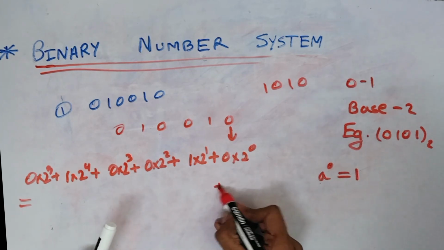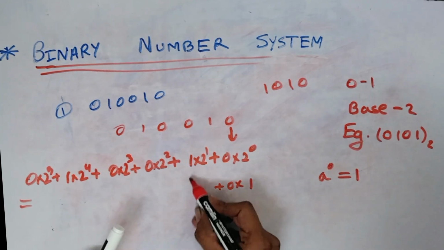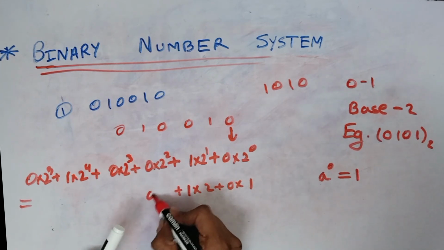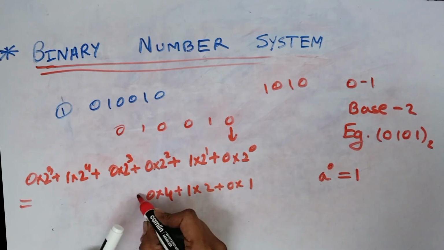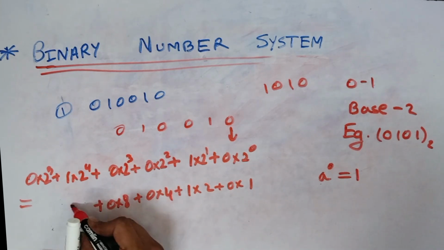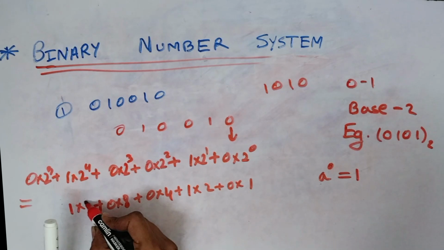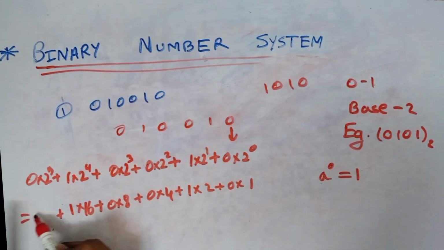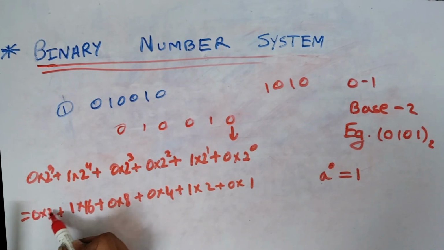So we can write 0 into 1, plus 1 into 2, since 2 raised to 1 is 2, plus 0 into 4, since 2 raised to 2 is 4, plus 0 into 8, since 2 raised to 3 is 8, plus 1 into 16, since 2 raised to 4 is 16, plus 0 into 32, since 2 raised to 5 is 32.